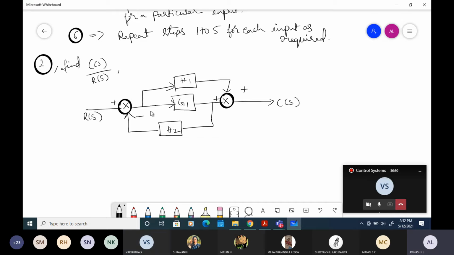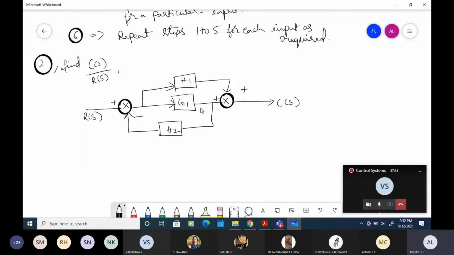So now when you see this particular numerical, the first step: is there any block which is in cascade? No. Series is not there. Are any blocks in parallel? You think that this G1 and H1 are in parallel, but what exactly happens is that from G1, while going to the summing point, we have taken a takeoff point, correct?